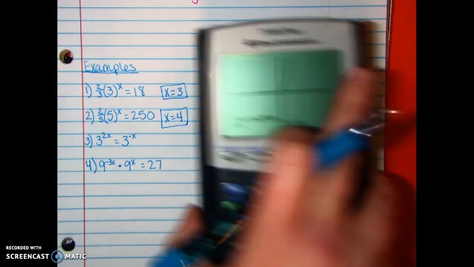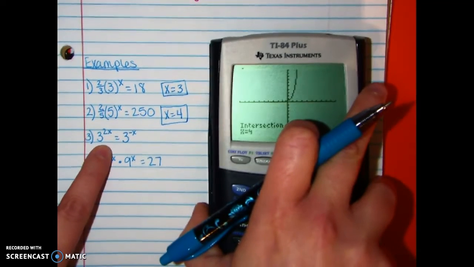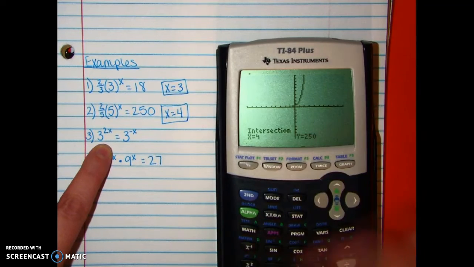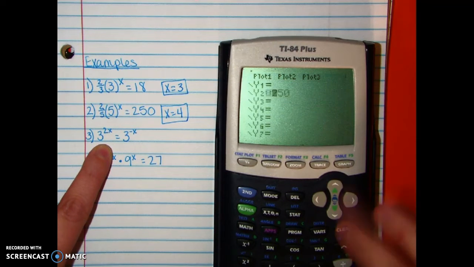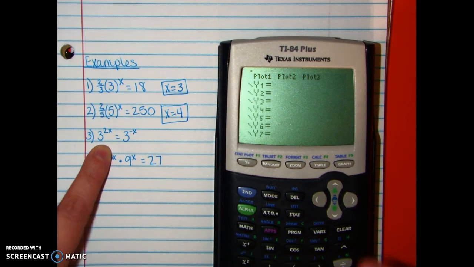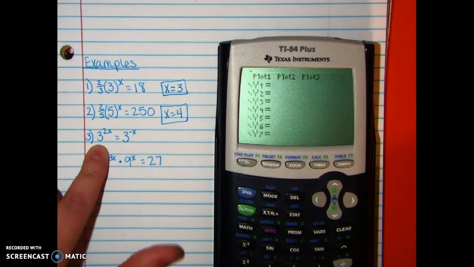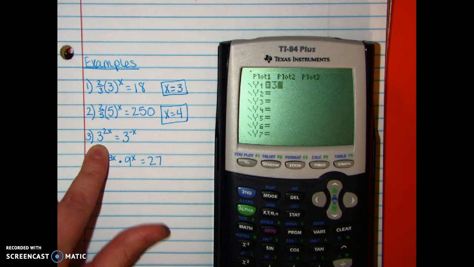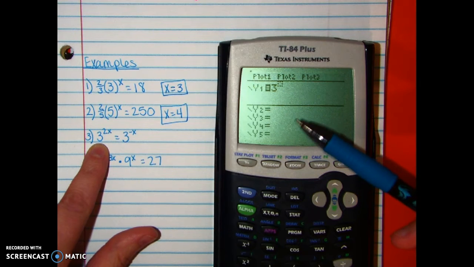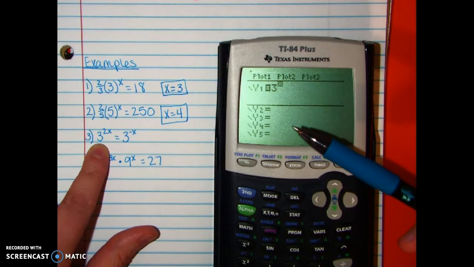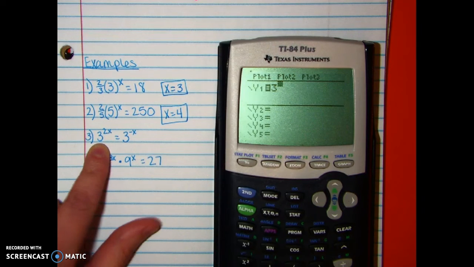We have 2 more to do. This one has exponents on both sides of the equation. Not much is really different with this one, just a little bit more typing. When you do 3 to the 2x power, put the 2x inside parentheses. If you don't use parentheses, your calculator tries to do order of operations and it doesn't work well.